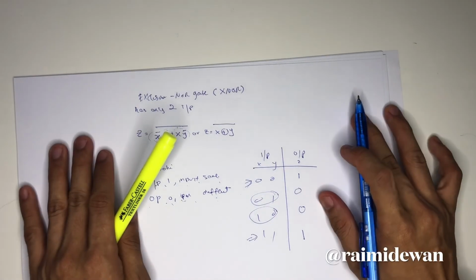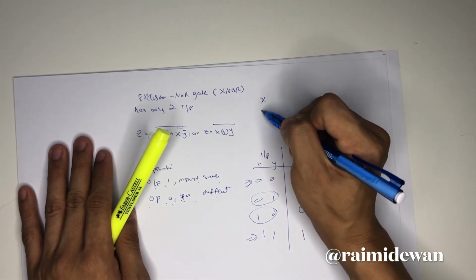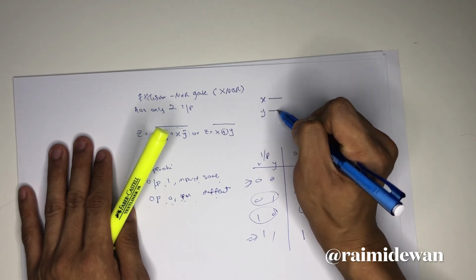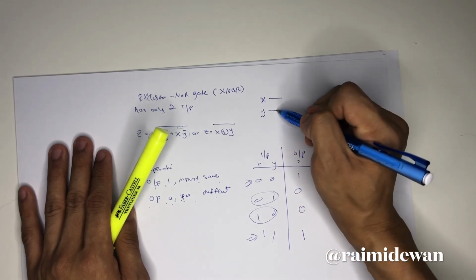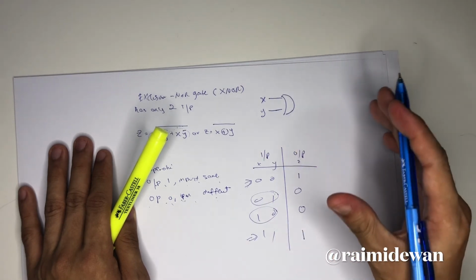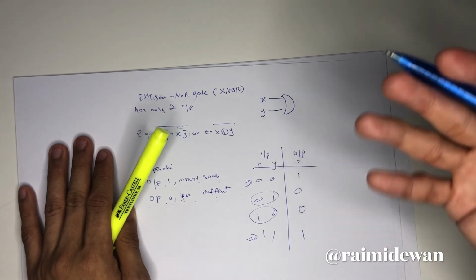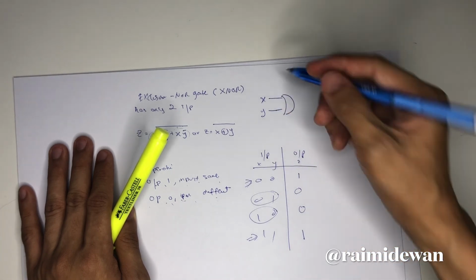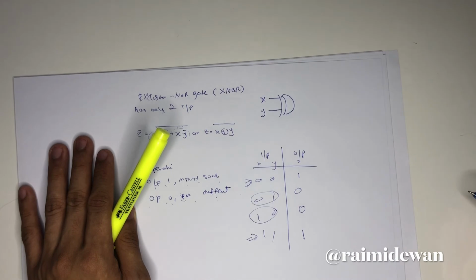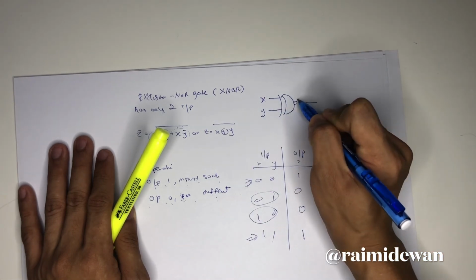So what is the logic symbol then? X and Y are your inputs, and you have the element of OR. I told you it's the inversion of the XOR gate. So you have your OR as the basic one, then you have XOR, then you have the inversion here. So this is your inversion.